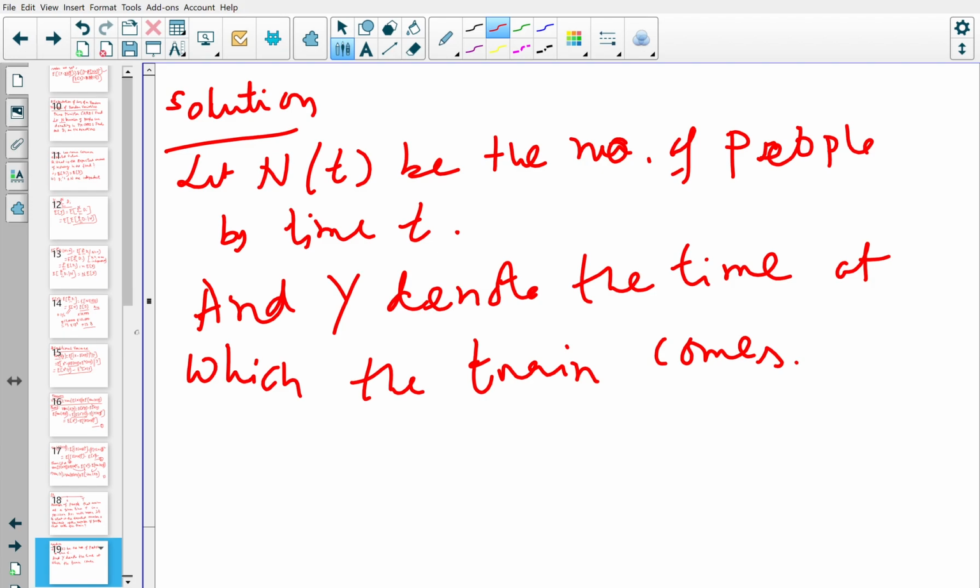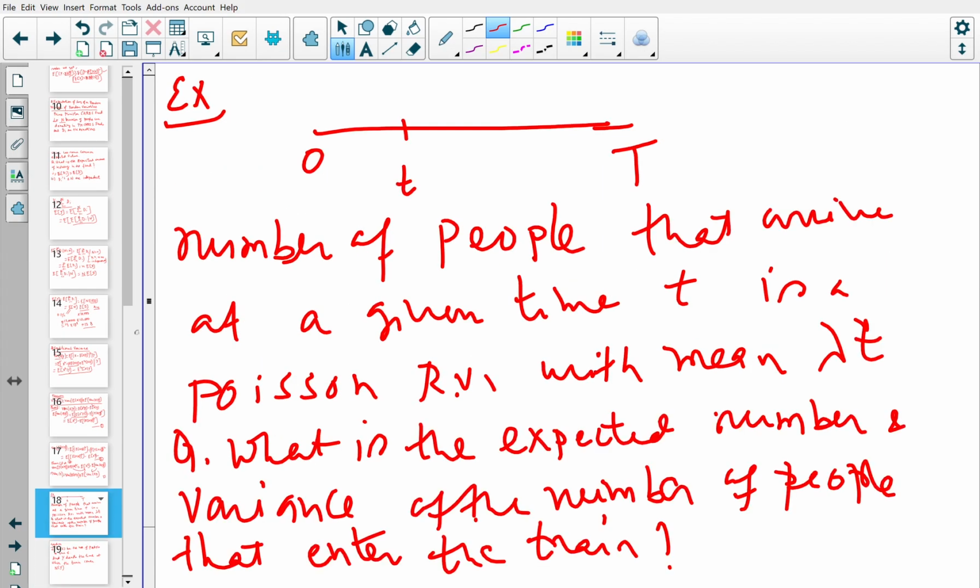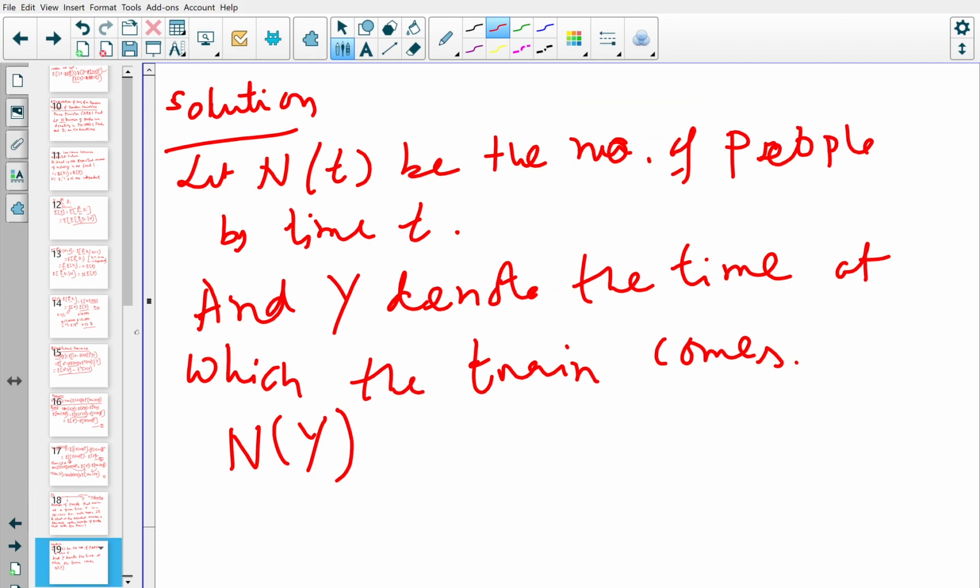So what we have to find is N of Y. That means Y is varying from 0 to capital T uniformly. So the train can come anytime in between 0 to capital T uniformly, and whatever the time, at that time there is some number of people, and they will catch the train.